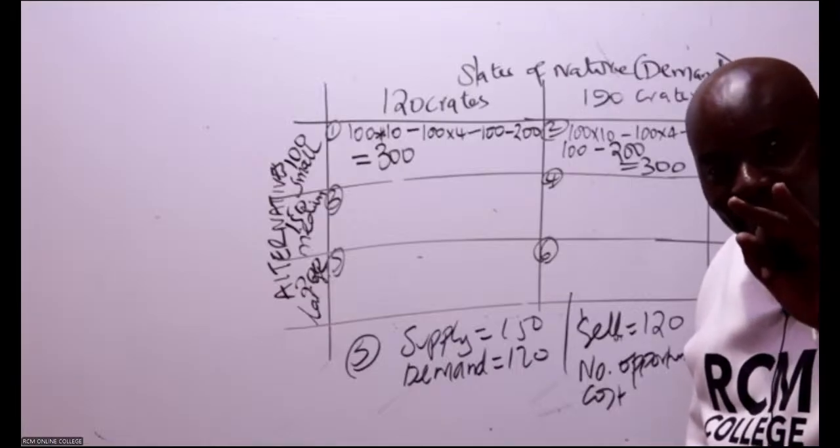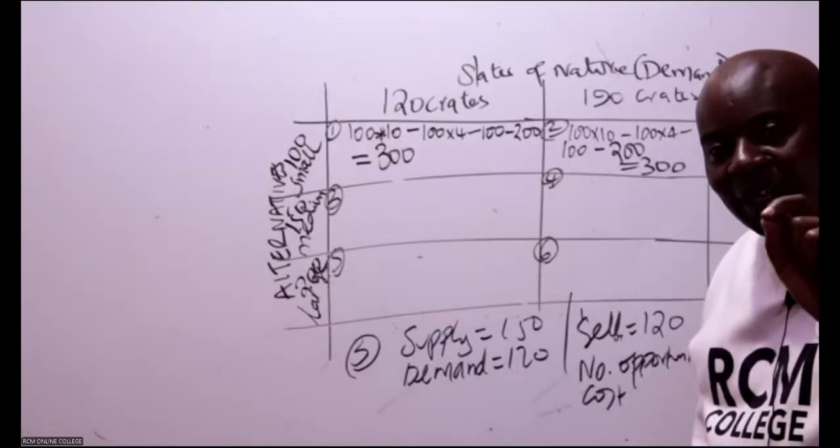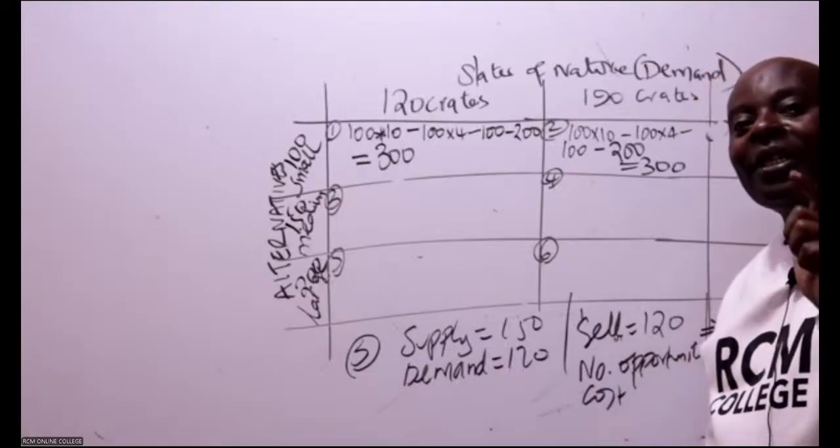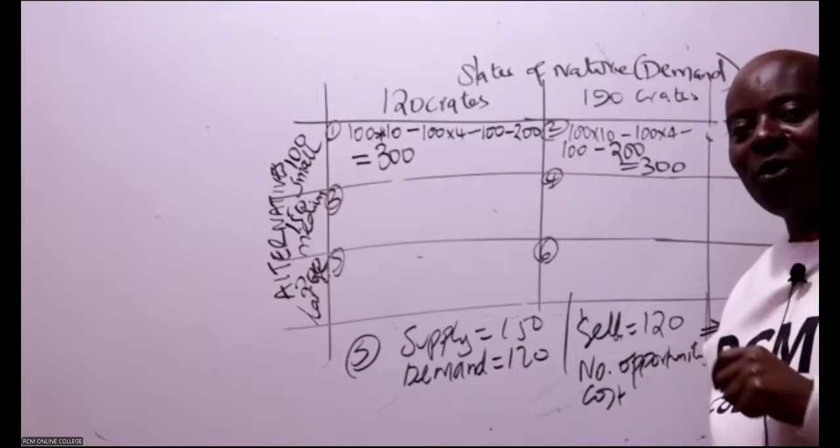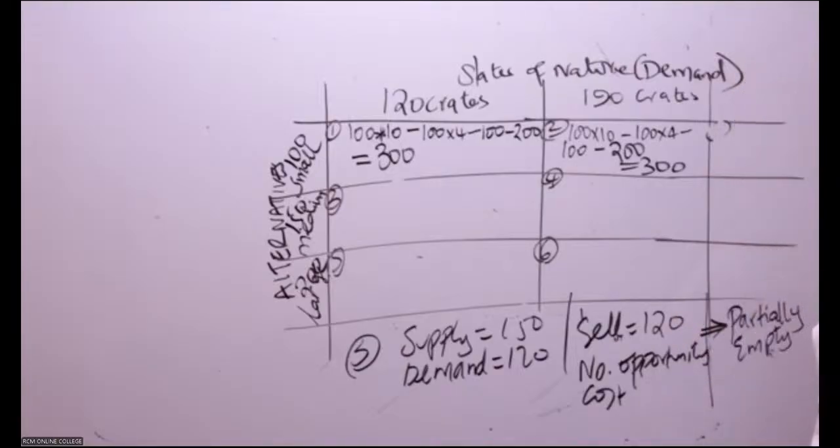And if we fly down there partially empty, something happens to our variable cost. Do you know how much variable cost we will incur? It will be 3.6, because in this case there will be a 10% saving, so it will be 90% of the 4, which gives me 3.6.